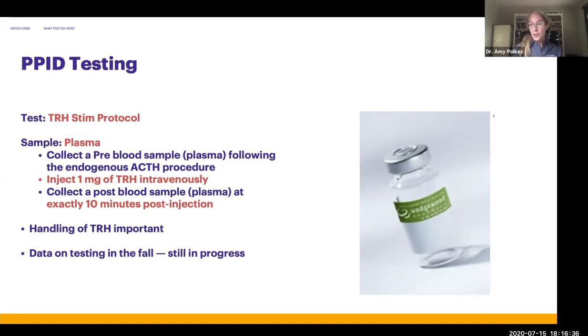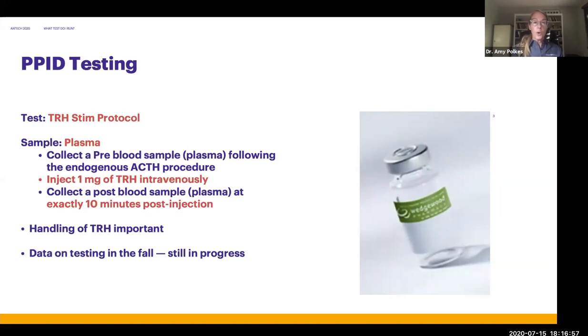The TRH should not be subject to heat or extreme cold, or just rolling around in the bottom of your truck, etc. I have had instances where there's been confusion over testing, and when we went back and looked, it was actually the TRH product that was the problem and how it was handled. So you just want to be cognizant of that.